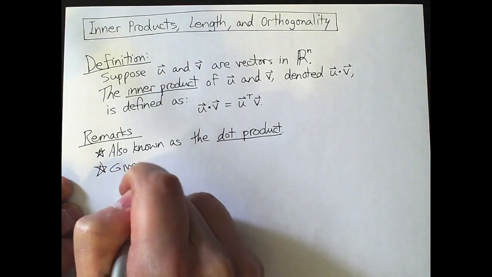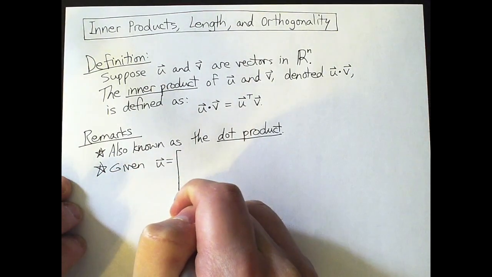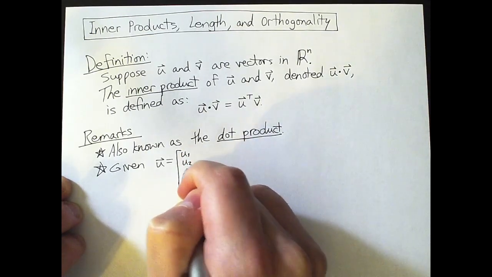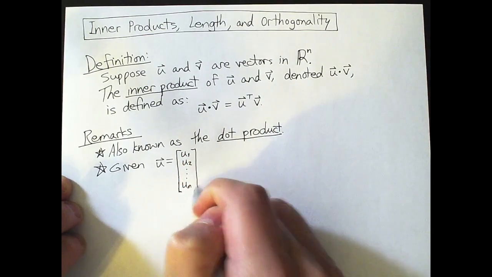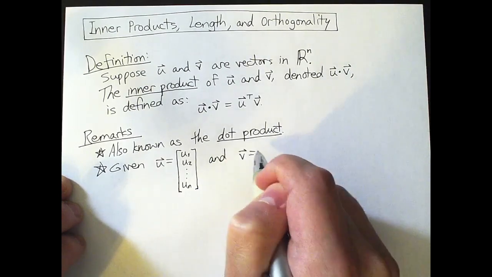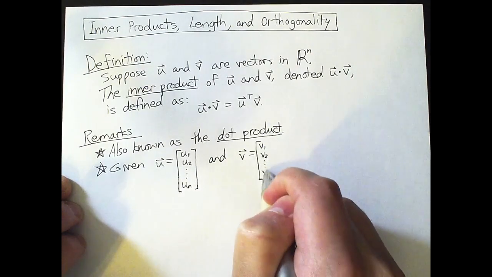So if we're given a vector u, and it's in Rn, let's stay pretty general here. Let's say the entries of it are u1, u2, all the way up to un, and v is v1, v2, up to vn.